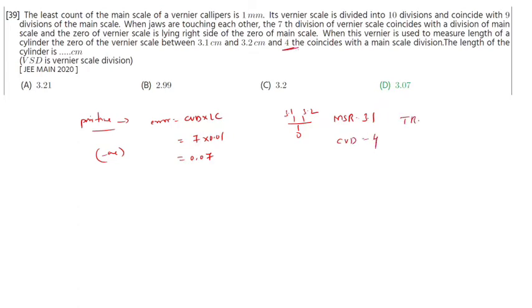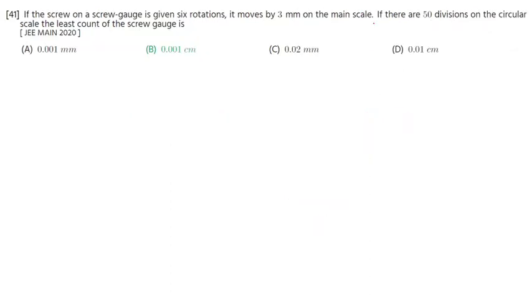So TR is equal to 3.1 plus 4 into 0.01. So what we will get? 3.14. Okay, so now here there is error, no? So we should remove that by subtracting 0.07. So that is 3.07, option D.